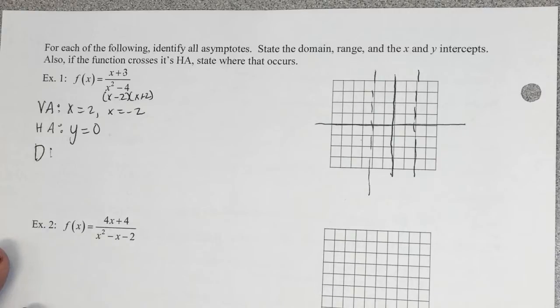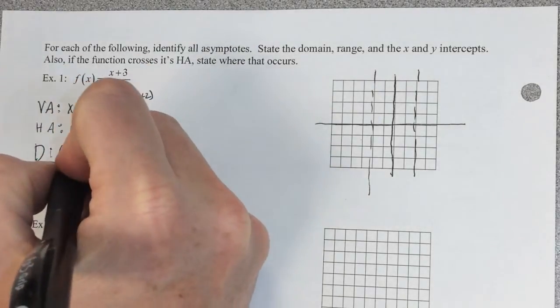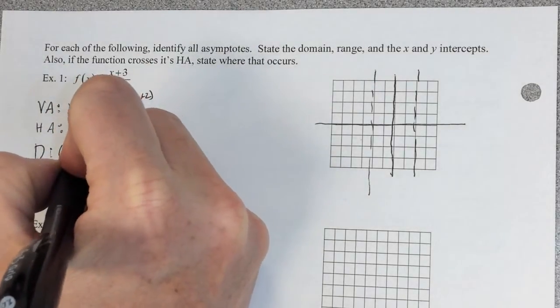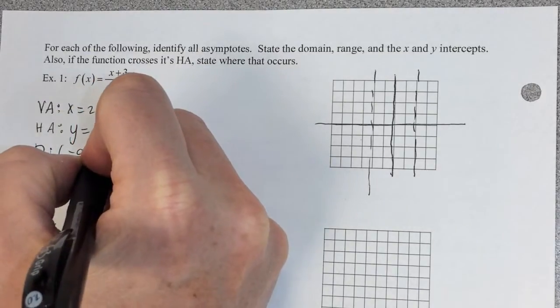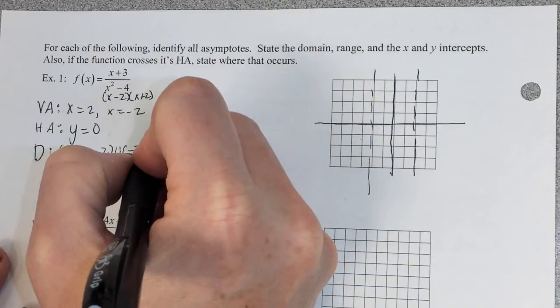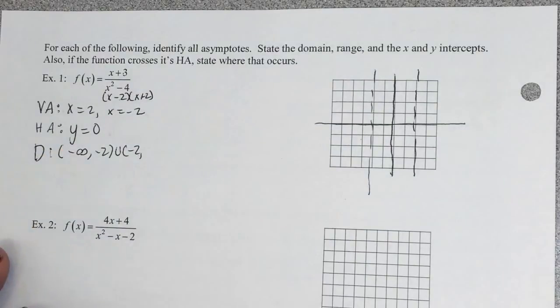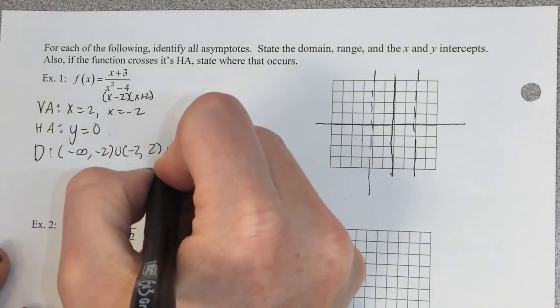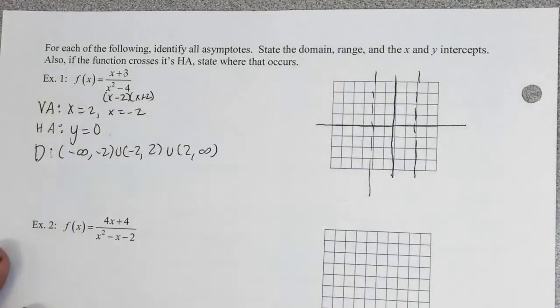We only have 2 values we can't use for our domain. Go ahead, Charlie. Negative infinity to negative 2, and then negative 2 to 2, and then 2 to infinity. Okay, good. And then what? Right. Good job.